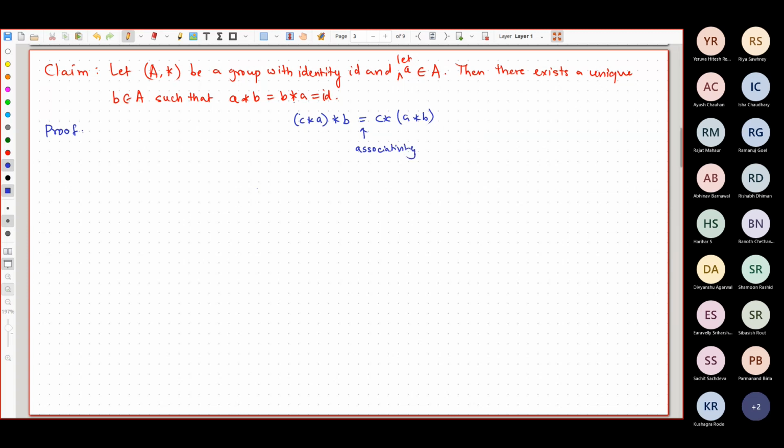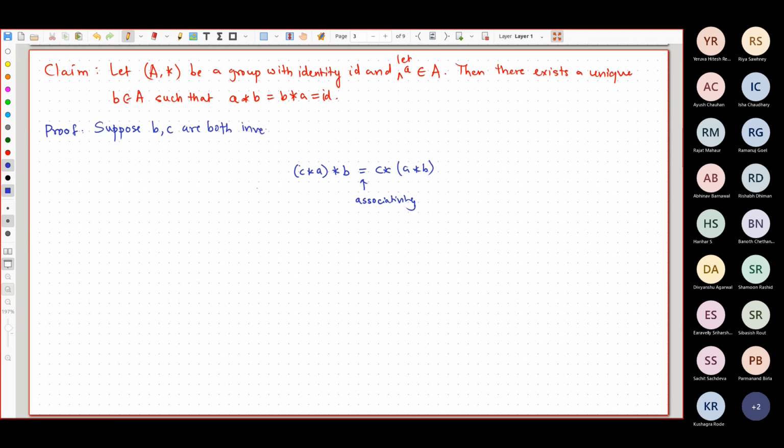Right? And now, I should have stated first, right? I should have said, suppose B and C are both inverses of A. Then we have the following. Right. So this is by associativity, and now because C is the inverse of A, this is just ID star B, by definition of inverse.